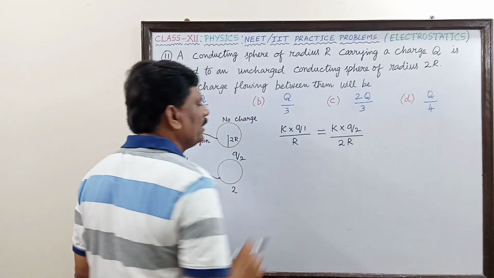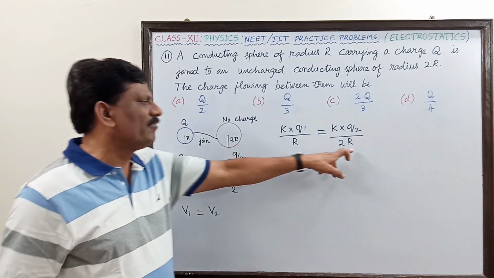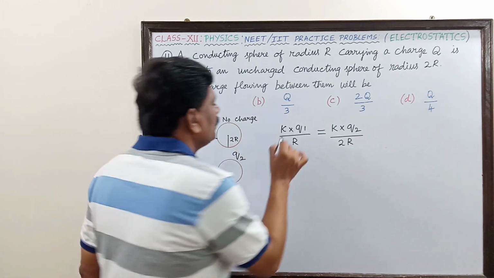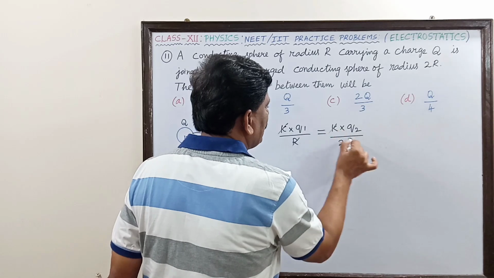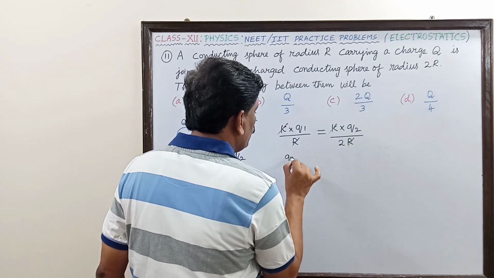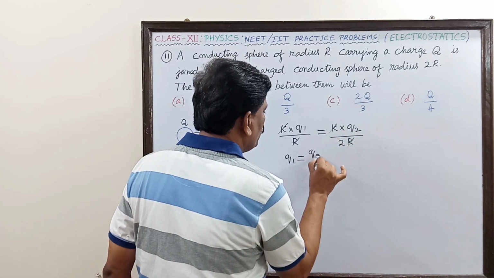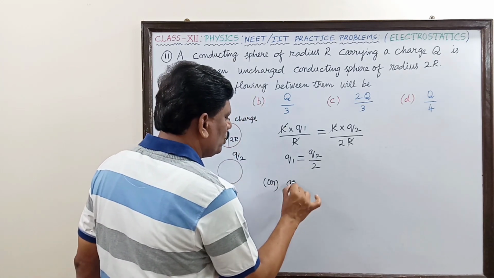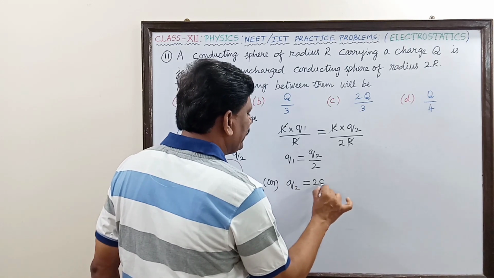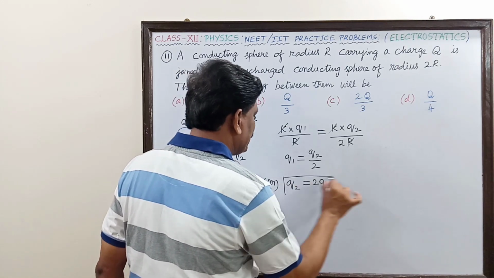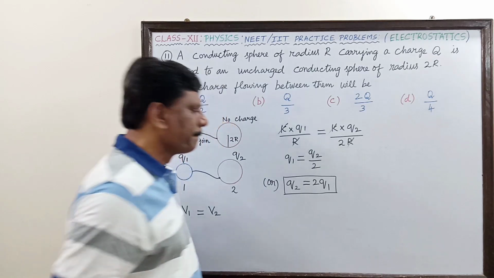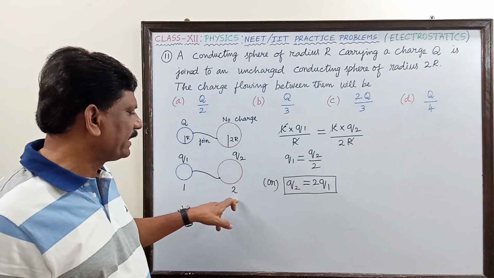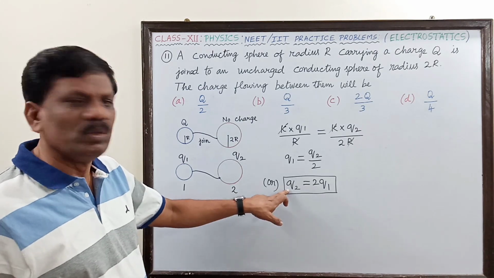Instead of R1 I will substitute R, instead of R2 I will substitute 2R. Now K and R get cancelled on both sides. So Q1 is equal to Q2 divided by 2, or Q2 is equal to twice Q1. This is an expression which is required. Are you understanding? So how much charge has flown to the second sphere, that is Q2.